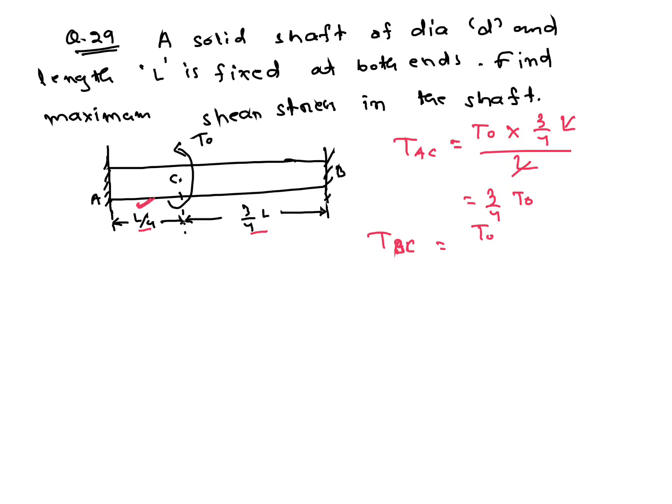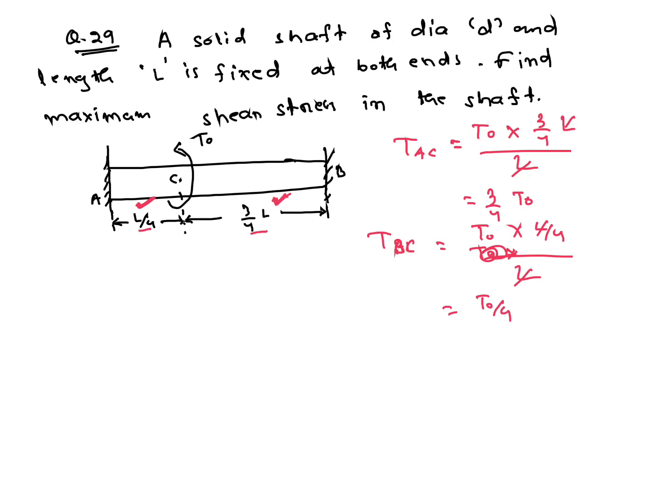For BC you have to multiply this side distance, and for AC you have to multiply this side distance. T0 into this side L by 4 divided by total length L, that is T0 by 4.